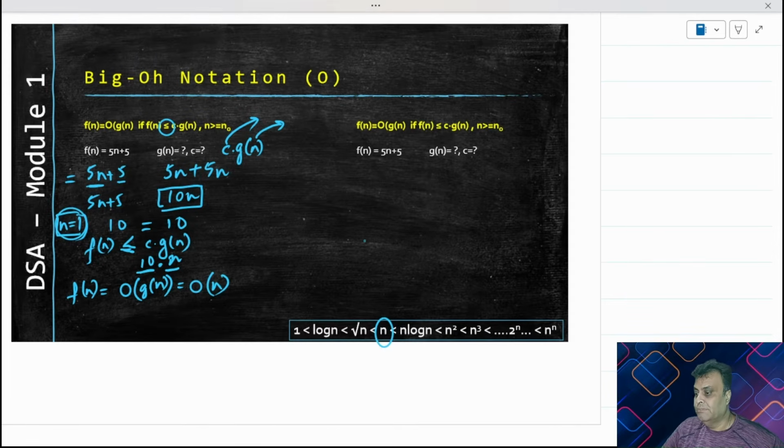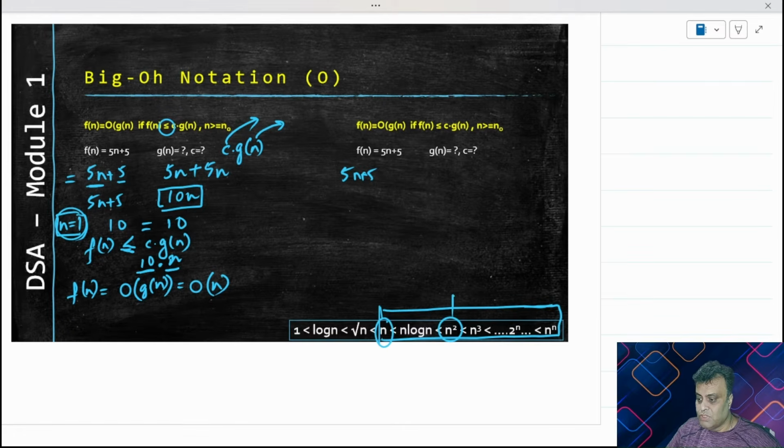Now remember this: if this is possible, then this is also possible, because as I said, anything to the right of this is a big O, is an upper bound. So can we prove this? Let us see. So we have 5n plus 5.